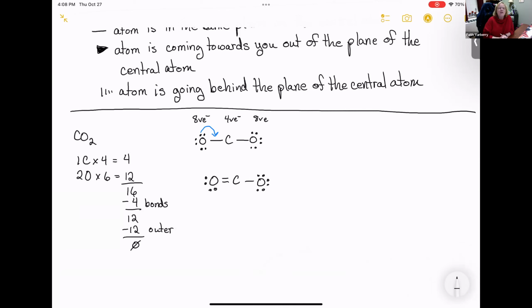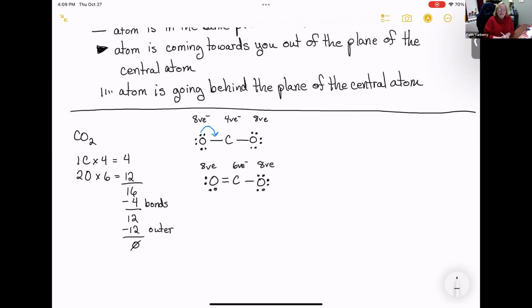Because we altered the structure, we asked, does everybody have an octet? The oxygen on the right has an octet. It has 8 valence electrons because it has 6 in the lone pairs and 2 in the single bond. The oxygen on the left also has 8 valence electrons because it has 4 within the double bond and 4 within the lone pairs. But our carbon still only has 6 valence electrons.